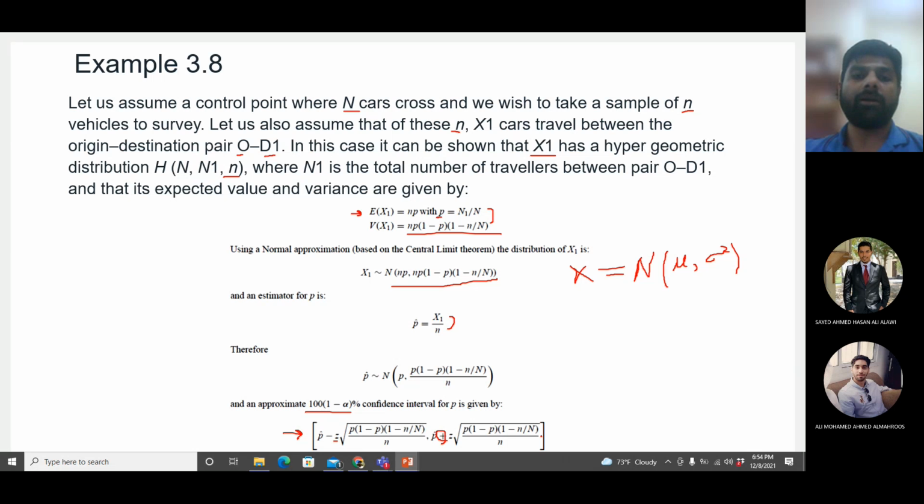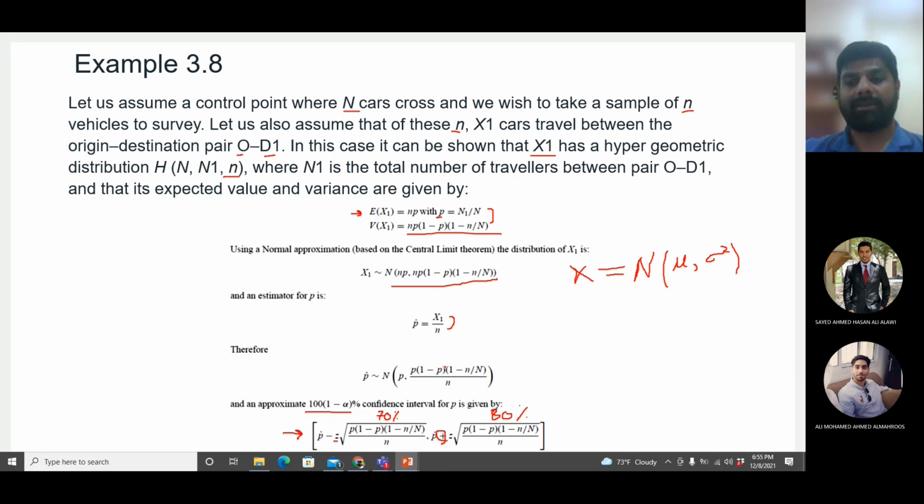So the probability that any car in the sample belongs to O and D1 has a 95% chance of being in this range. For example, you calculate this value and it comes out to be, let's say, 70%, and this one comes out to be 80%.